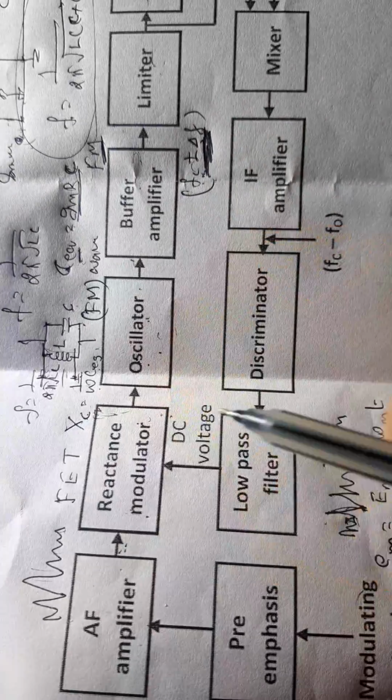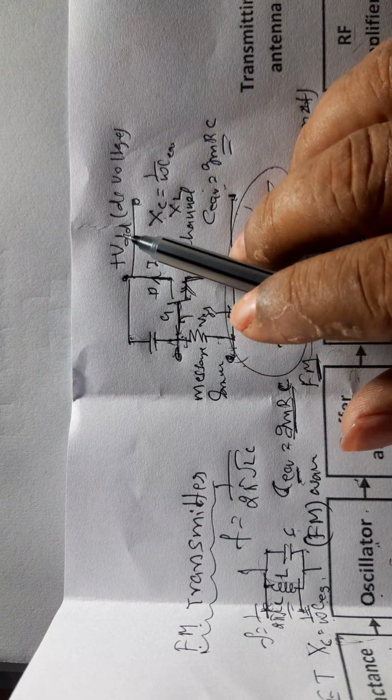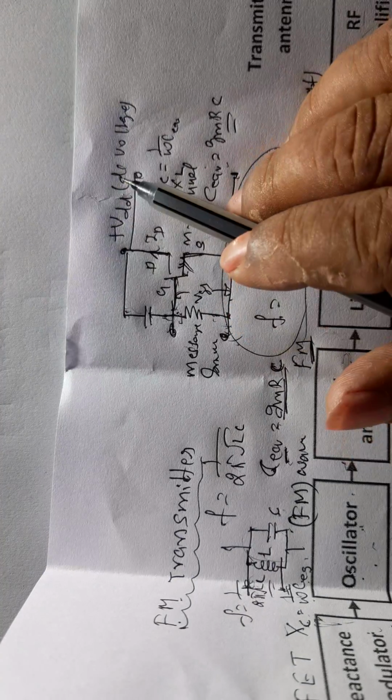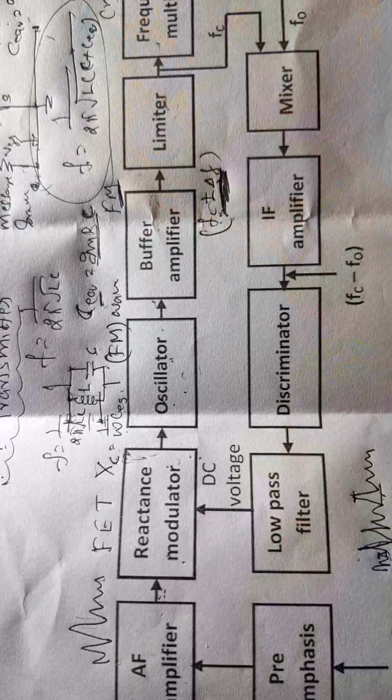You come here. This reactance modulator is an FET reactance modulator. See here. For that, the drain should be connected to a positive DC voltage. How do you get this DC voltage? Very simple.